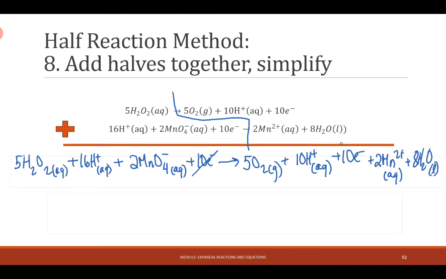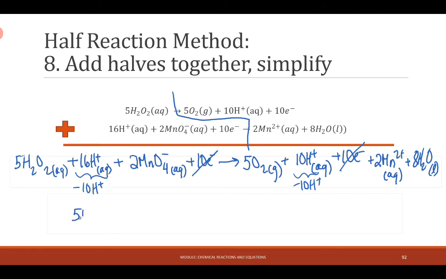Now this has some things that can cancel out. For instance, the 10 electrons on both sides. That can cancel out. This side has 16 H pluses, this side has 10. So I can cancel out 10 of those H plus ions and be left with 6. There's no water to cancel out.